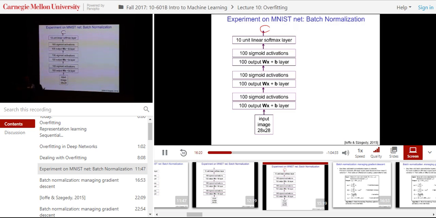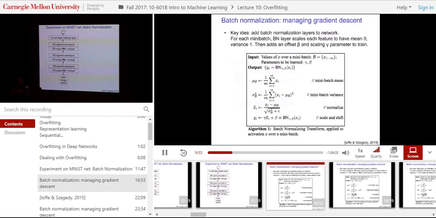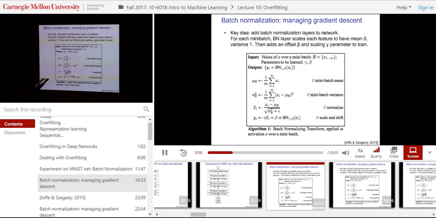Then they're not on the same scale, and that tends to empirically lead to more headaches with gradient training. So the idea of batch normalization is to fix that problem by introducing a new layer, by basically adjusting the output of each layer so that the different activities here have the same mean and the same variance. And so, in fact, here is the idea.